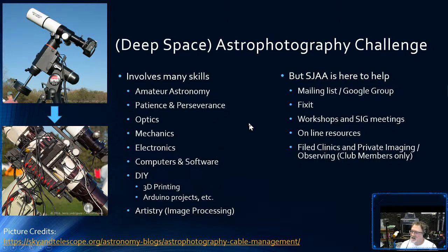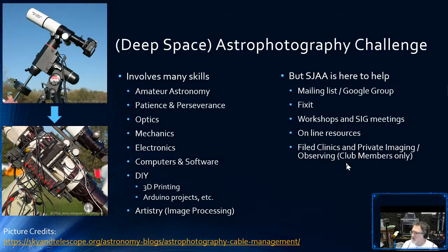So those are the challenges, but you know what? We're here to help. SJA is here to help. We have a community of astro imagers that hang out on a mailing list slash Google group for club members. We do have the Fix It session I mentioned before. We have workshops and SIG meetings, and then we're starting to have these online resources.